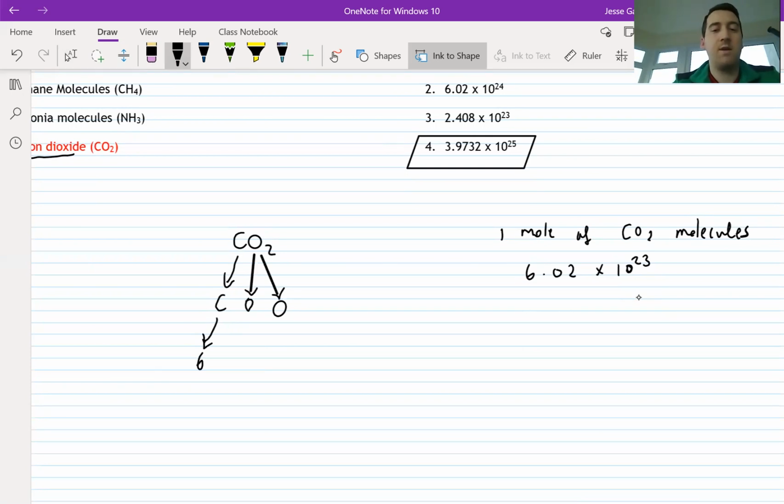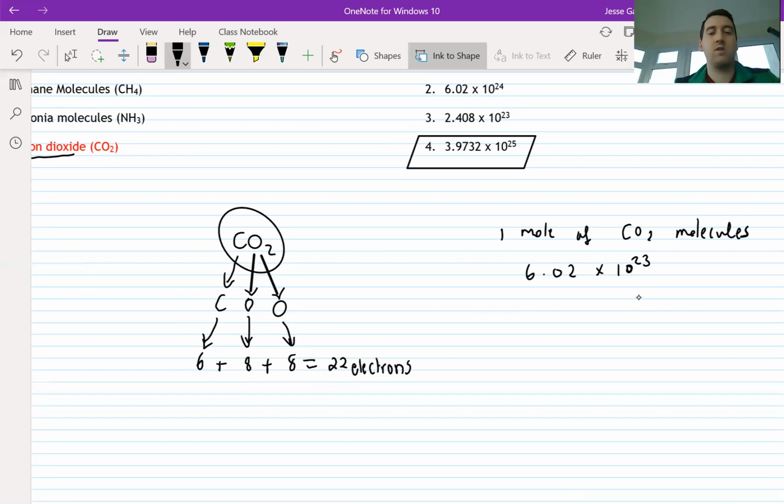I know this because the atomic number is 6. Oxygen has 8 electrons, and this oxygen has 8 electrons. So altogether, this molecule has 3 atoms, and altogether it has 8 plus 8 plus 6, 22 electrons. So these 3 atoms between them have 22 electrons.